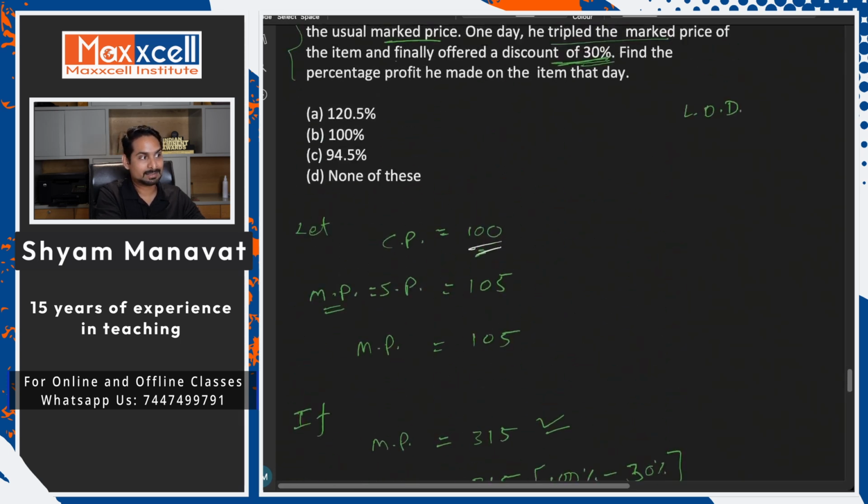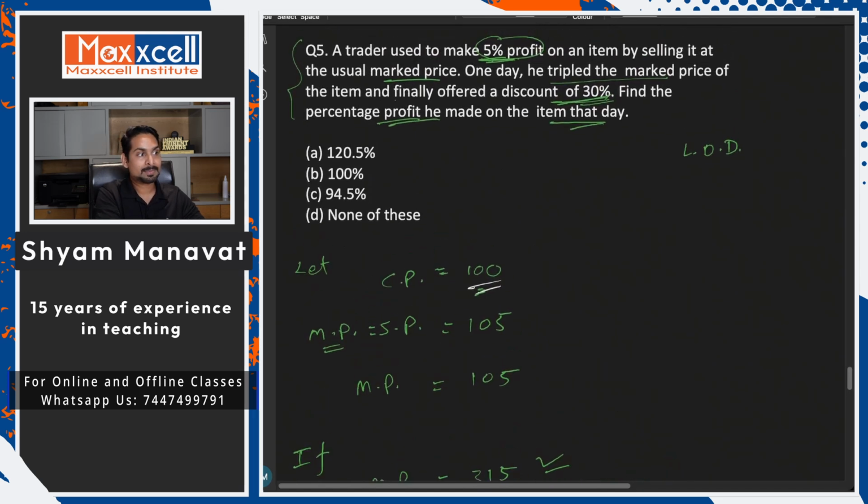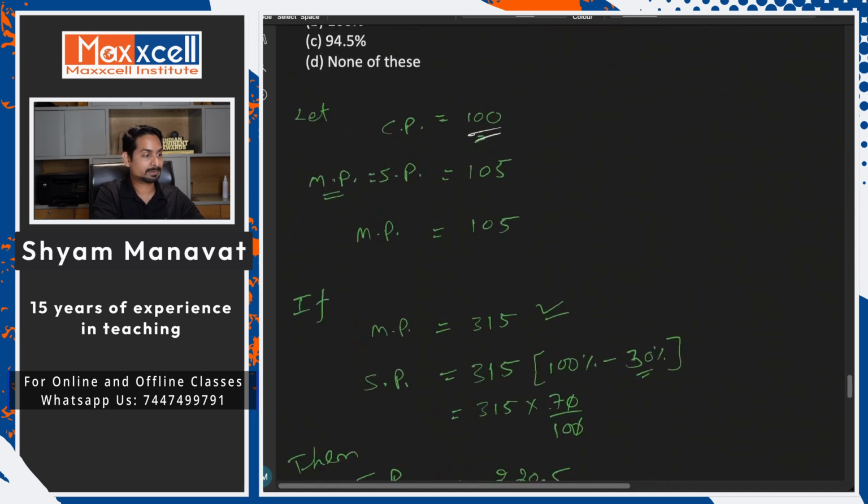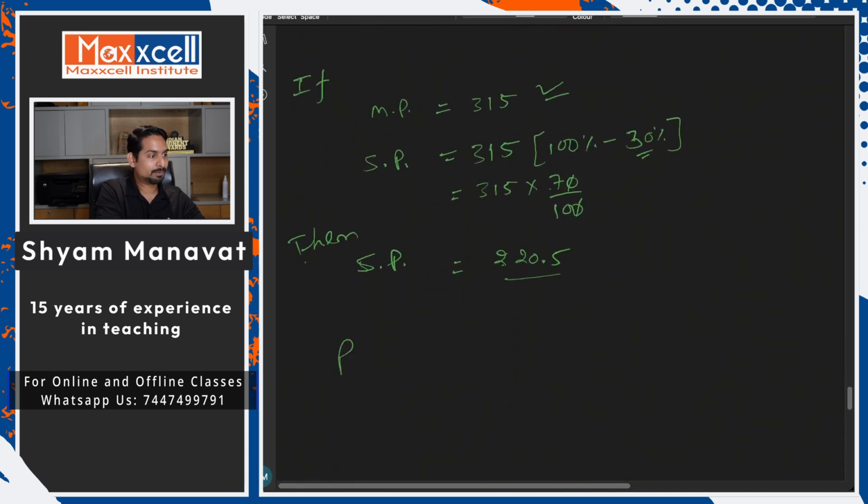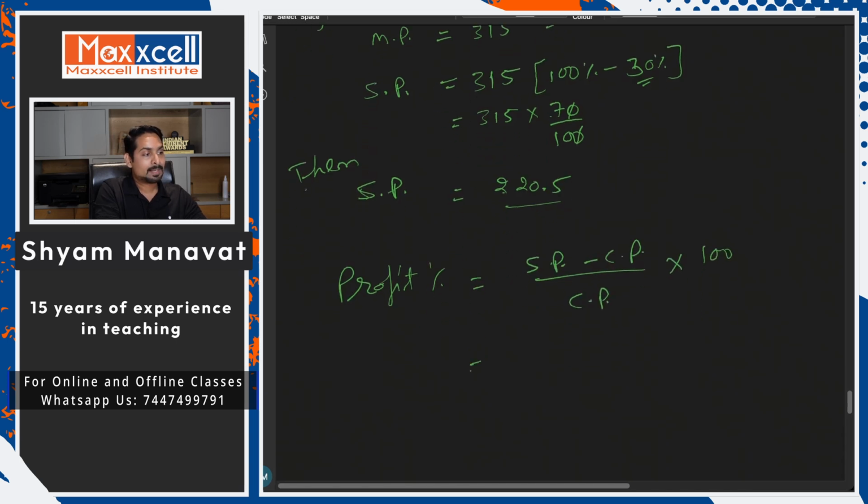That's not the answer. The question is to find the profit percentage made on the item that day when he tripled the mark price and gave the discount of 30%. What is the formula of profit percentage? Profit, which is nothing but selling price minus cost price, upon cost price, into 100. I hope you don't have to write this formula in the exam; save time.